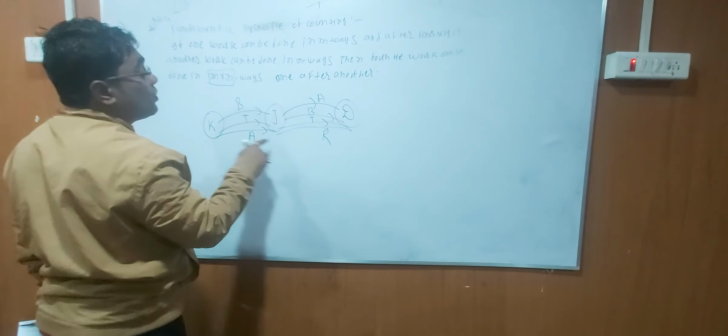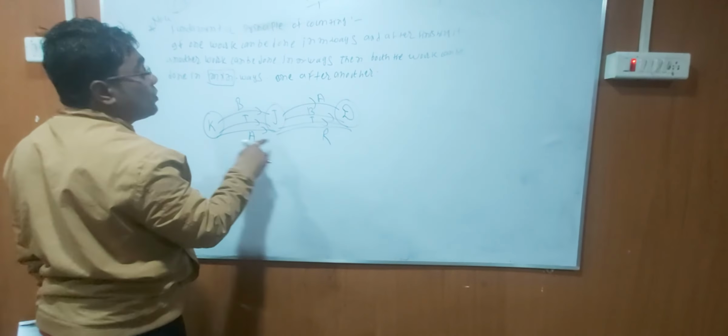In another way we can say that this is the summation also. How? First we go from Kota to Jaipur by bus. Then how many options are available? 4. So 1 into 4. Plus we go by train, then also 1 into 4.